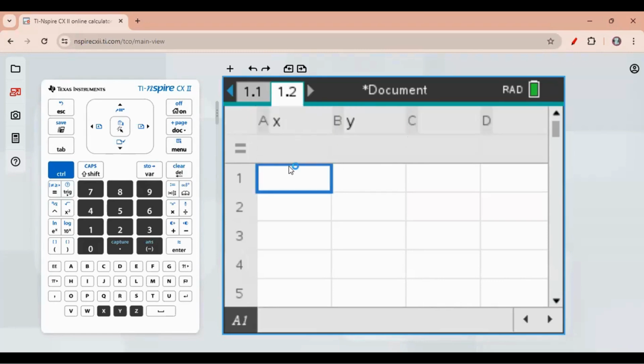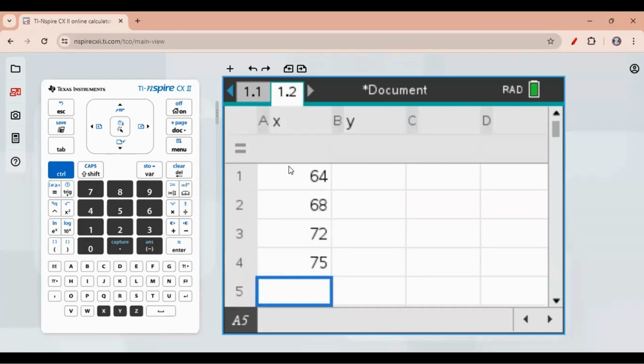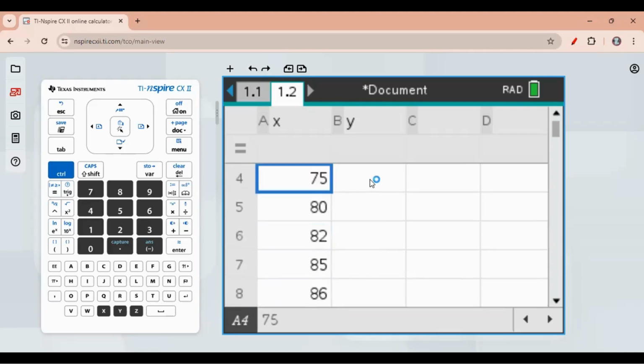On X and Y, we need to give the lists in the same way. So X I take as math score: 64, and then 68, 72, 75, 80, 82, 85, and 86.